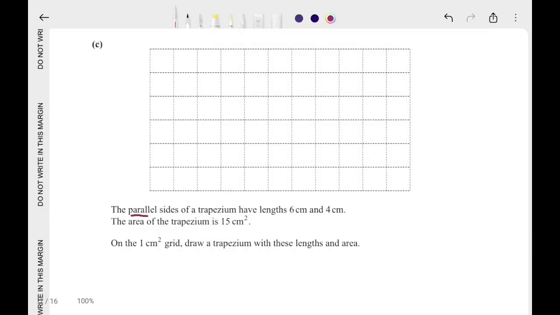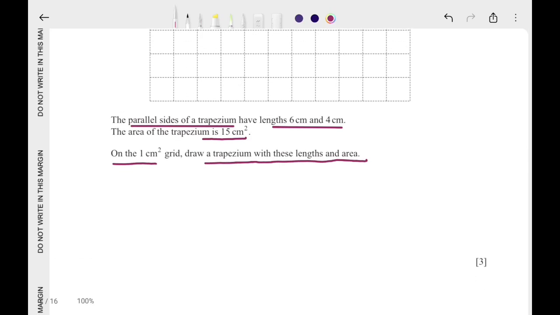Part C. The parallel sides of a trapezium have lengths 6 centimeters and 4 centimeters. The area of the trapezium is 15 centimeters squared. On a 1 centimeter square grid, draw a trapezium with these lengths and area. We know that the area of a trapezium is half times perpendicular height times the sum of parallel sides.